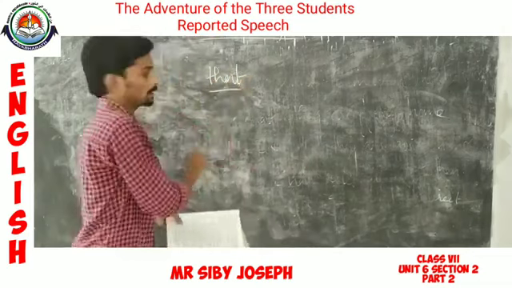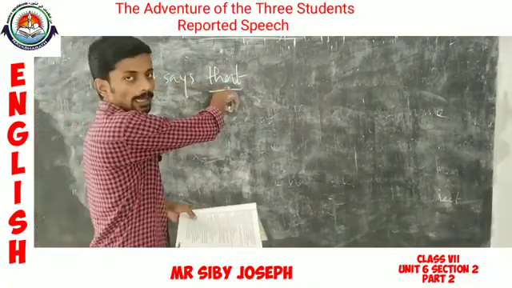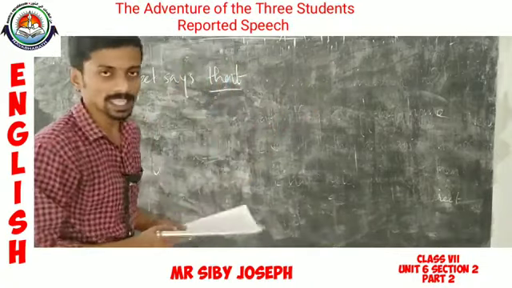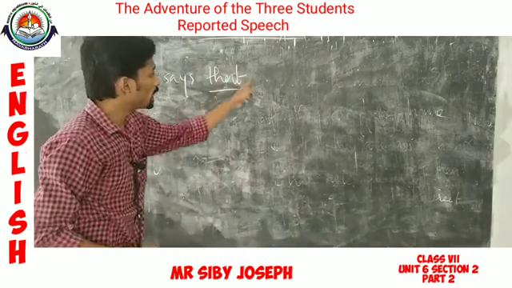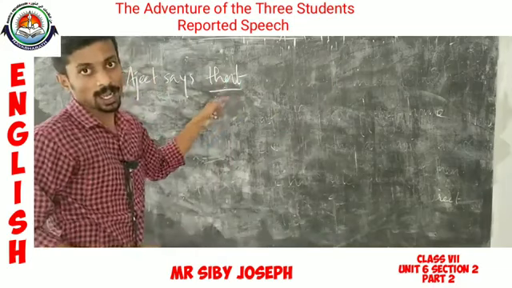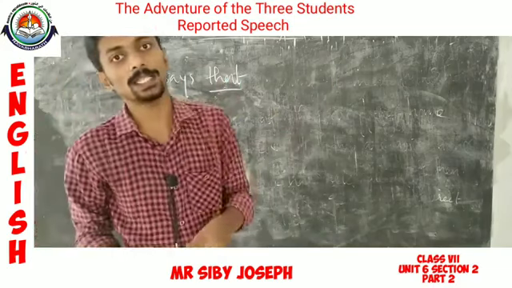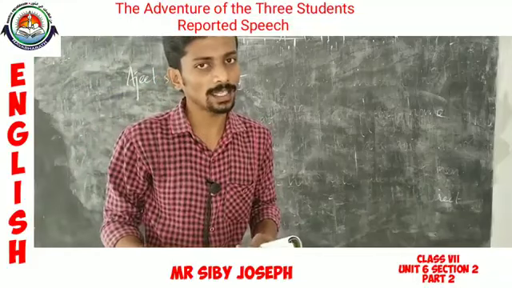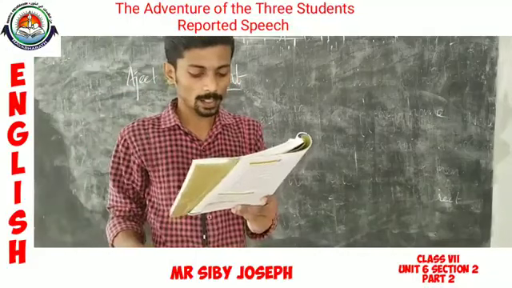See, for example, Ajit says that they are going home. So, in every sentence, there will be an introductory word. And if you convert a question, we never use such an introductory word. That is the rule. So, look at the example.